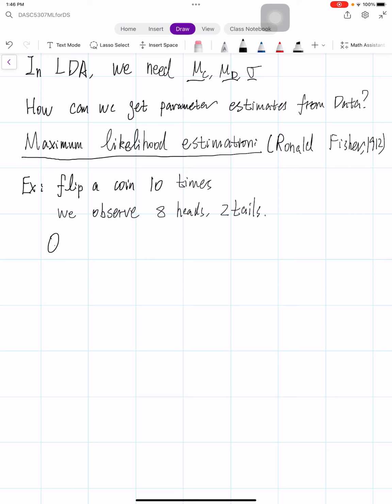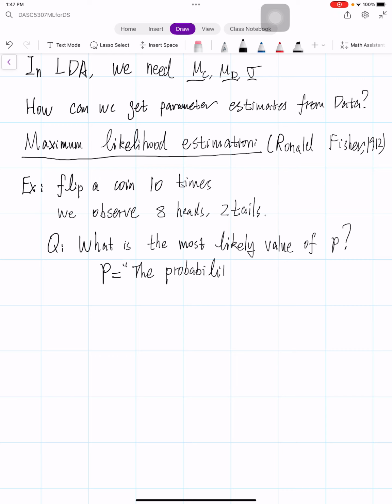So now the question is, based on this observation, what is the most likely value of p? What is this p? p is, if you toss a coin, the probability of getting a head.